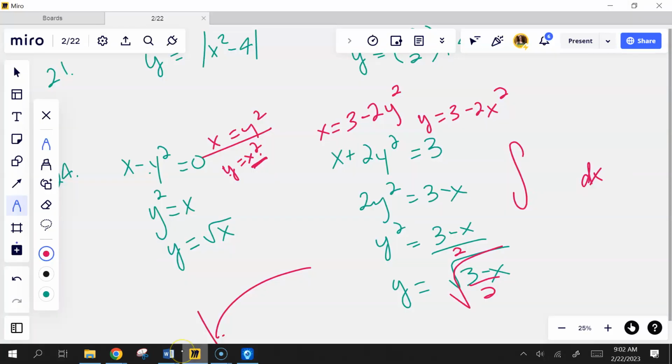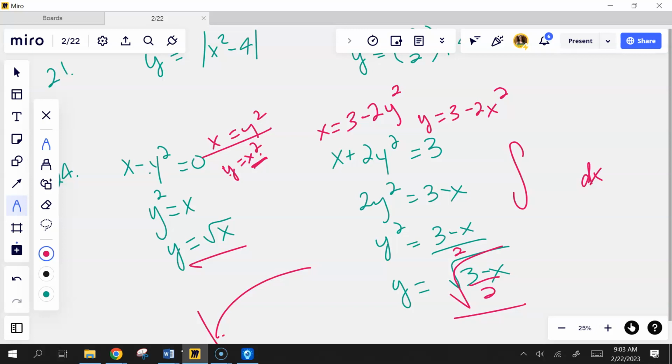No, if you had done it this way and you could have solved for y and done it this way, then you would have had to integrate with respect to, what do we solve? You essentially did the same thing there. But you could have graphed this and graphed this, and you should get the same thing.